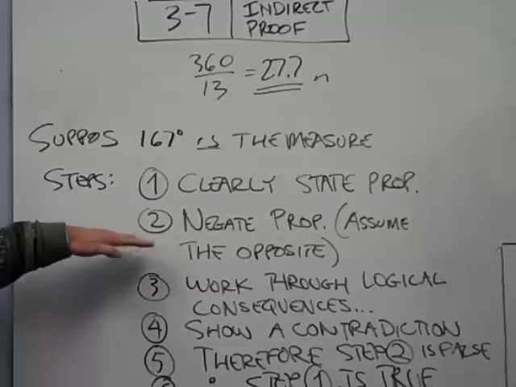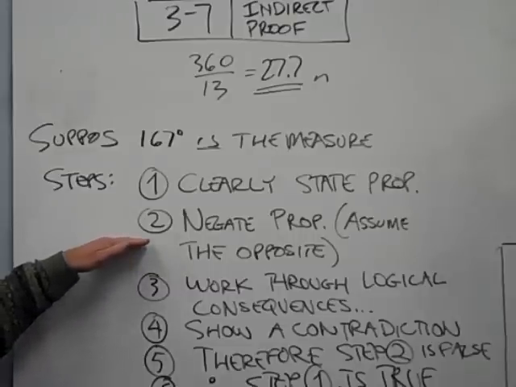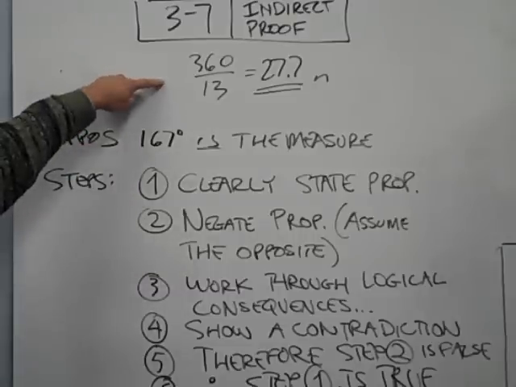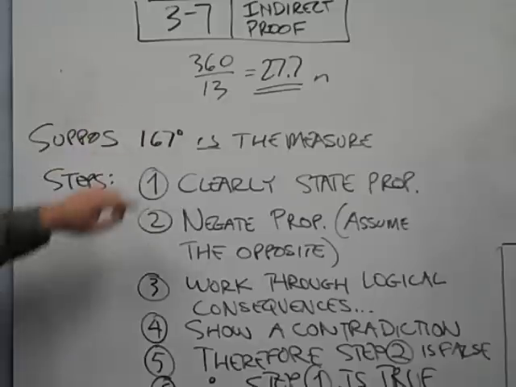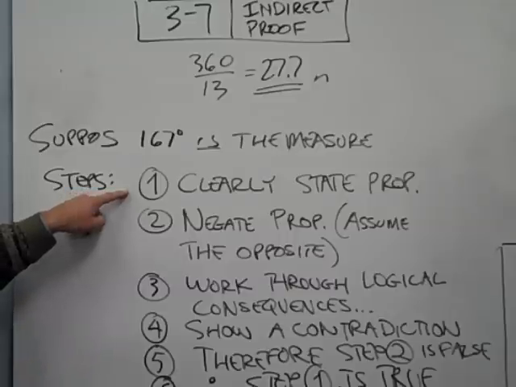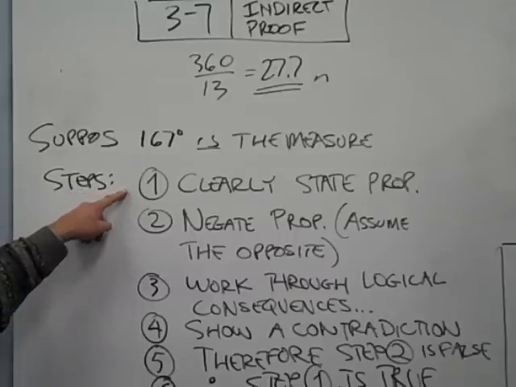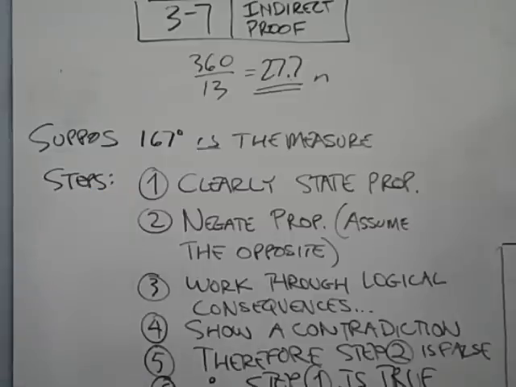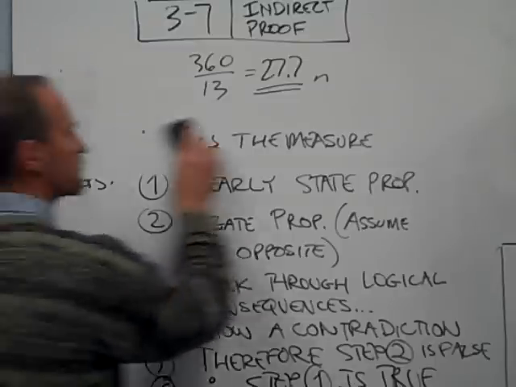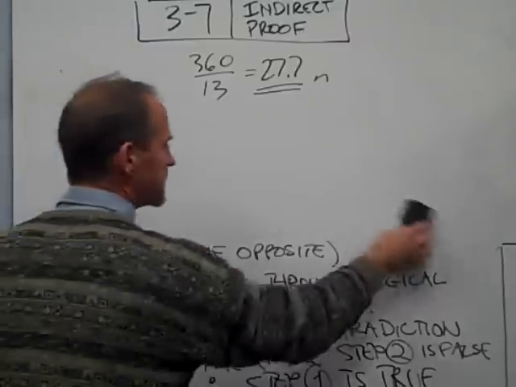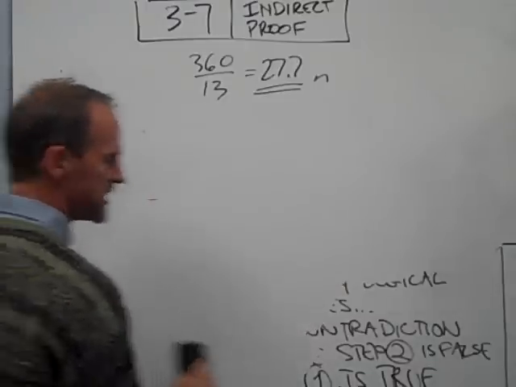So because I assume that you could have a 167-degree angle, and then I've shown that that's crazy because I'd have not a round number of sides in my polygon, that this step number 2 must be false, therefore the original statement must be true, and that it is impossible to have a 167-degree angle measure for a regular polygon. Okay? It's kind of crazy, kind of backwards, but that's how you do it. You might have to replay that in slow motion, but that is indirect proof.